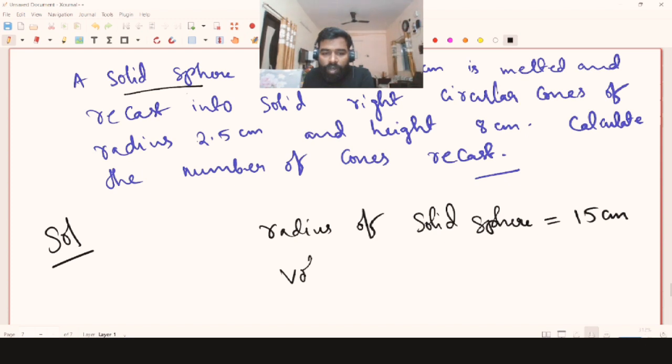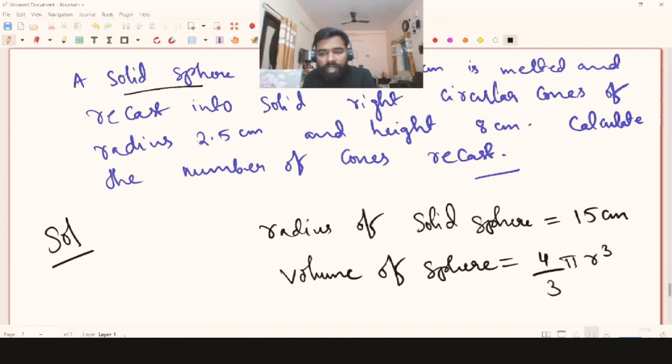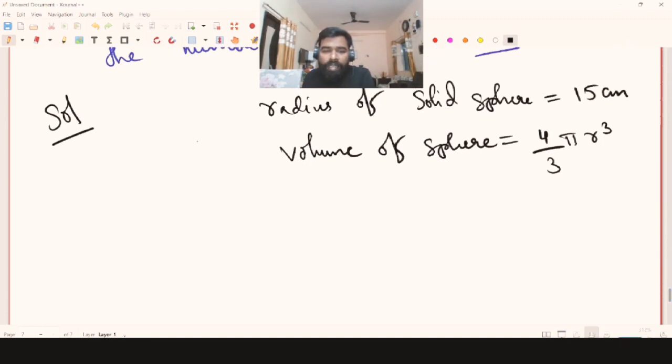We can take out the volume of that sphere. The formula is 4 by 3 pi r cube. If you just put it, you don't need to evaluate anything, just write it.